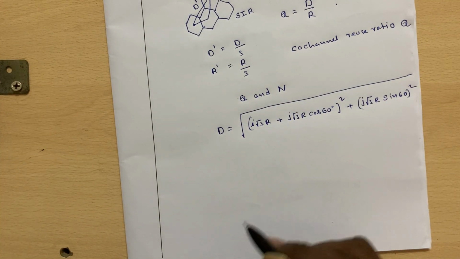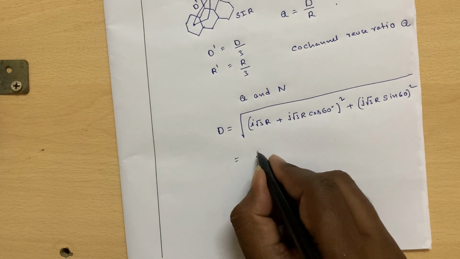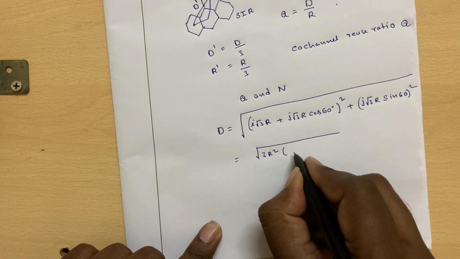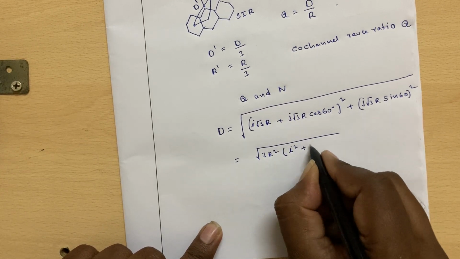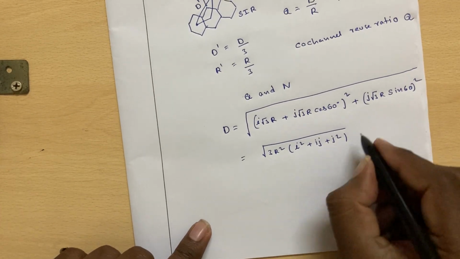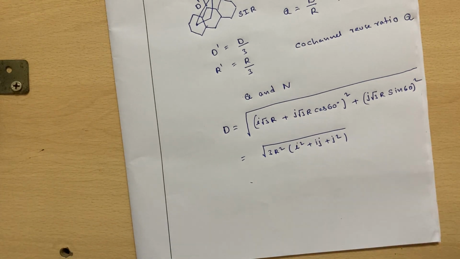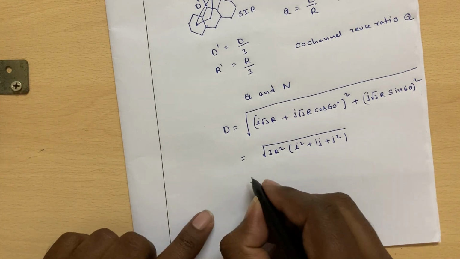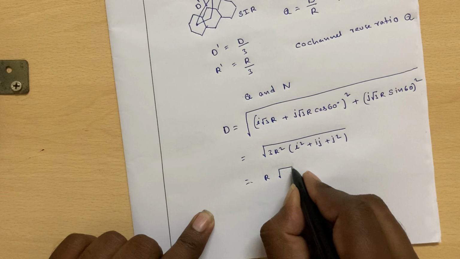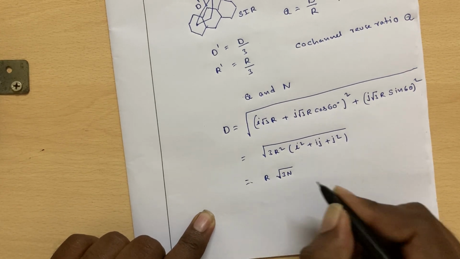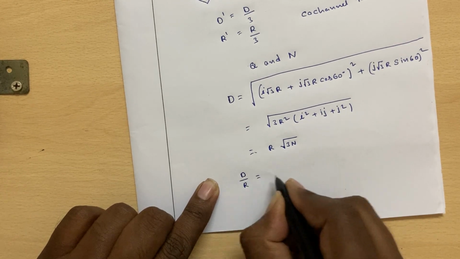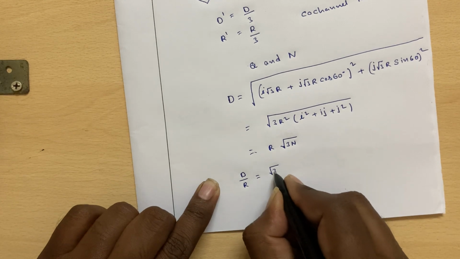Now if you solve this, you get the square root of 3 into r square into (i square plus ij plus j square). Because you know that i square plus ij plus j square is equal to n, you can take r out and this is just root 3n. So d by r is equal to root 3n.